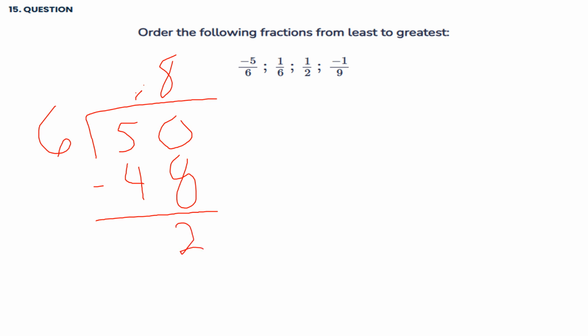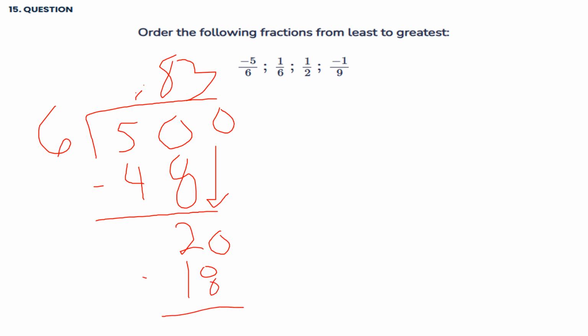I always tell my students, get at least 2 numbers after the decimal. So 6 can't go into 2, so we add another 0, we bring that 0 down, so it becomes 20, and 6 can go into 20 3 times, and we can stop with that right now.